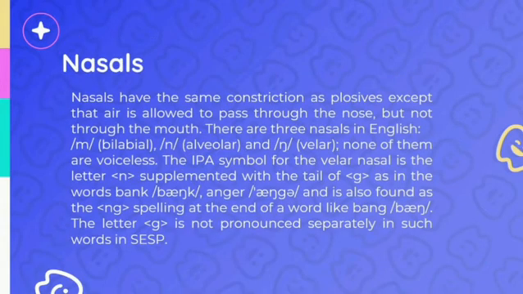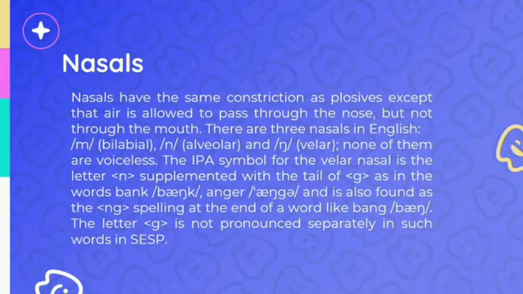Nasals have the same constriction as plosives, except that air is allowed to pass through the nose, but not through the mouth. There are 3 nasals in English. M is bilabial, n is alveolar, and ng is velar. None of them are voiceless.